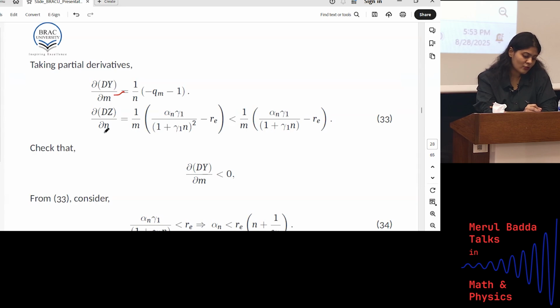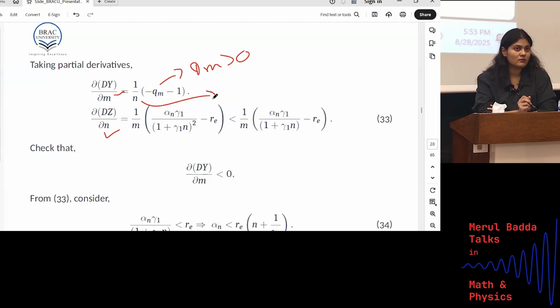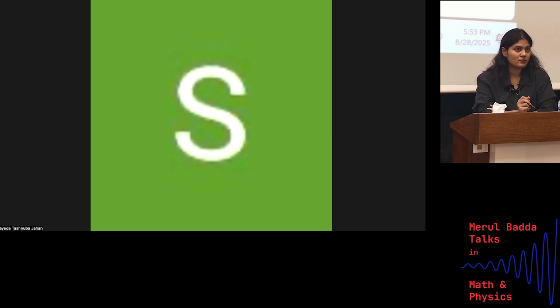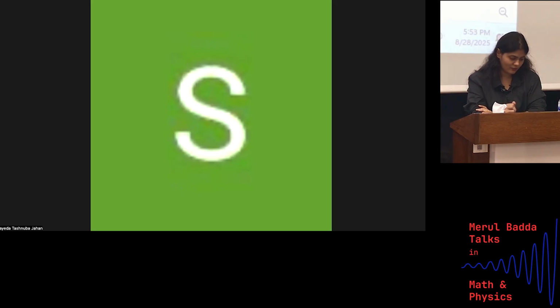As q is also greater than 0 and n is greater than 0, we can say this whole term is negative.